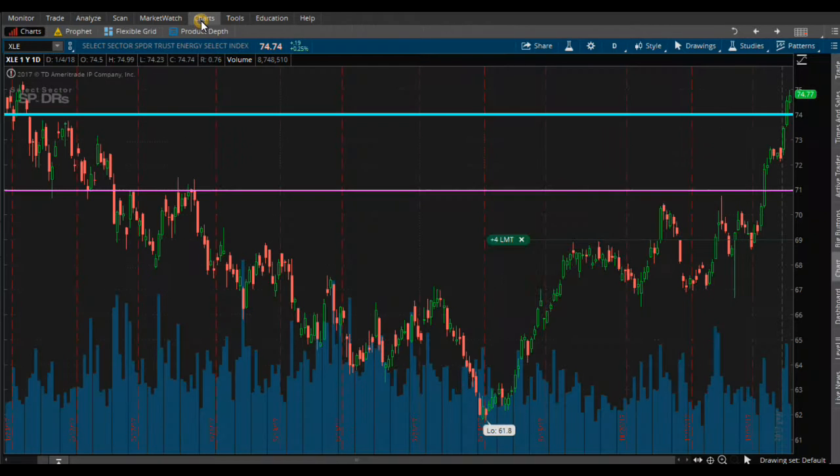Now let's go ahead and take a look at the chart. As you can see, XLE has been on a move, so I'm hoping that it kind of stalls here at this 74 level. It's been moving all the way since down at 61.80 back in the middle of August, and I actually traded that move via a put credit spread.